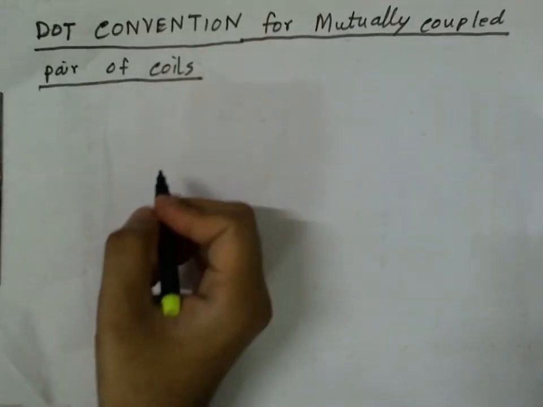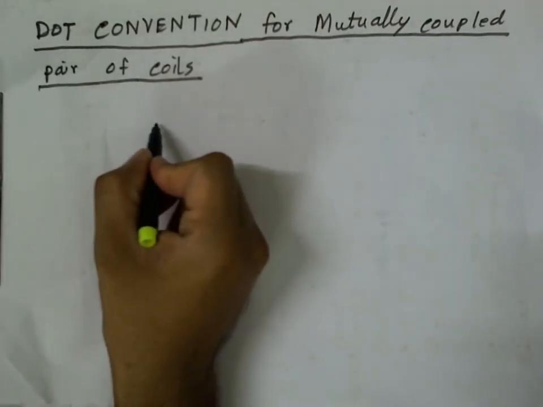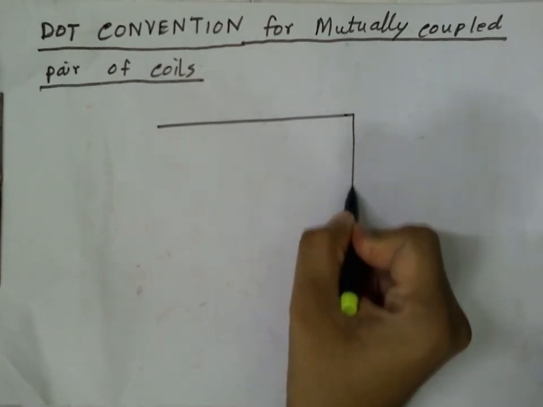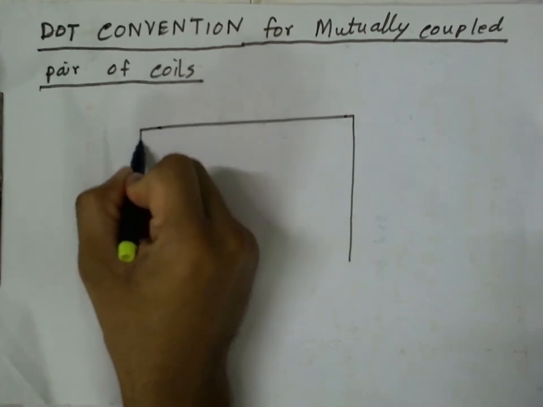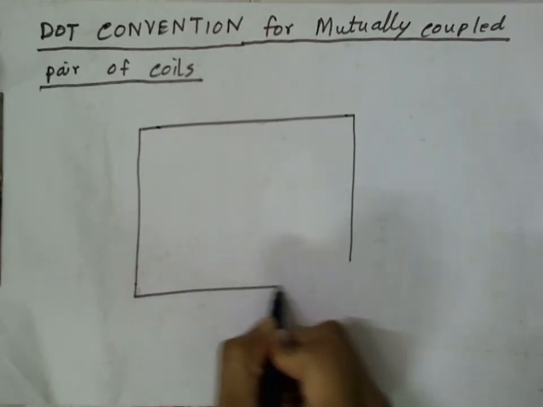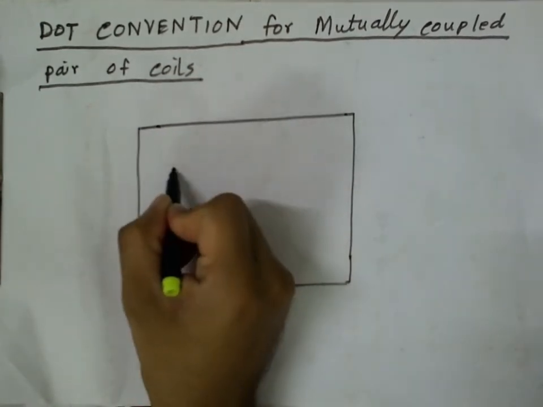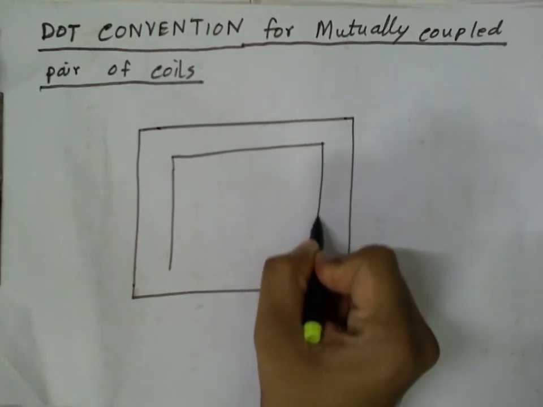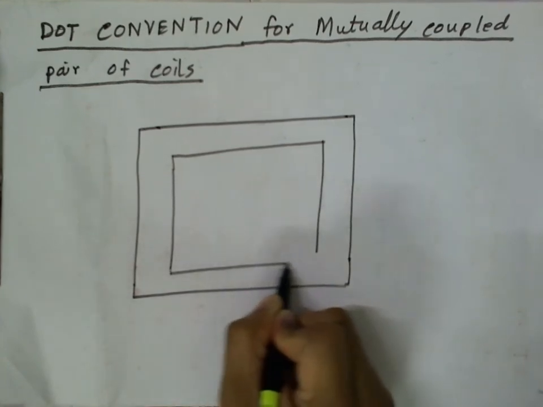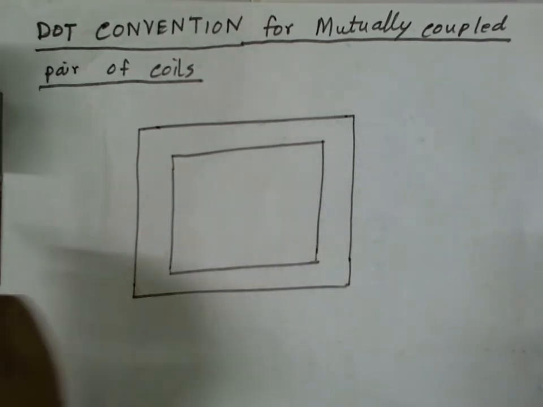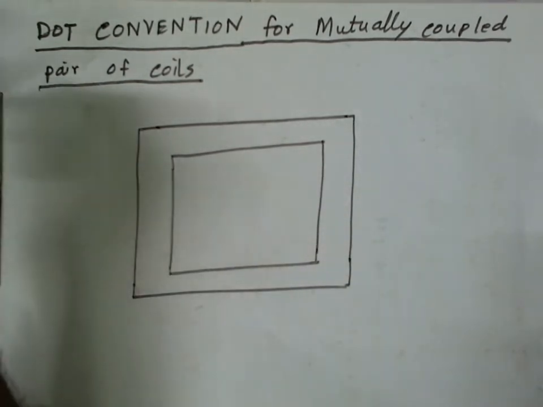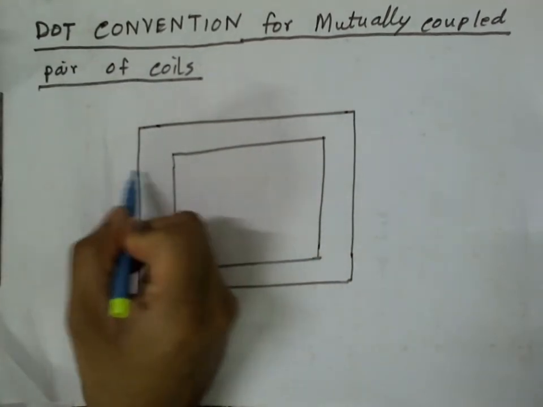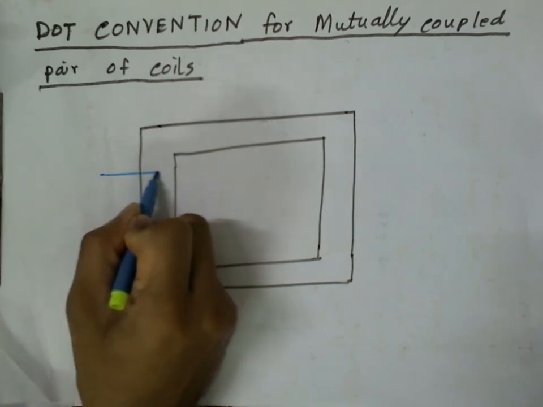What is it? Let's consider that we have a magnetic core, something like a transformer core, like this, and then there is a pair of coils, copper conductors, like this.